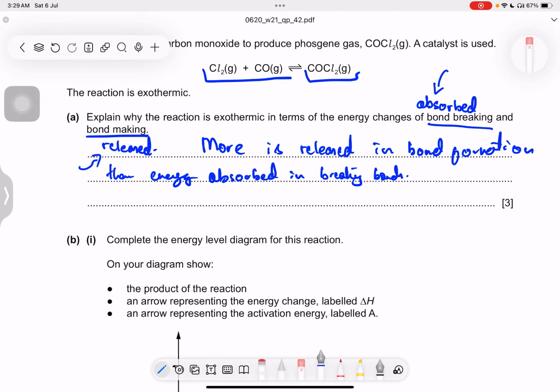Secondly, we write bond formation releases energy, and bond breaking requires energy.